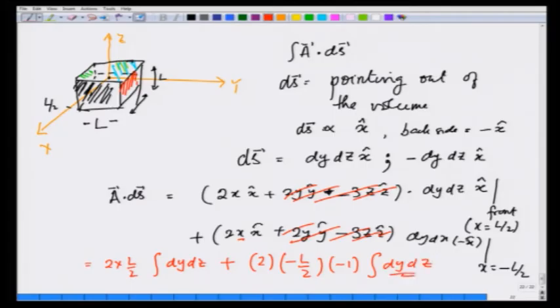This is nothing but the area of the front surface. And you can immediately see what it gives you. This 2 cancels, this 2 cancels, and you end up getting 2 L cubed. So, the front surface and the back surface integral gives you 2 L cubed.